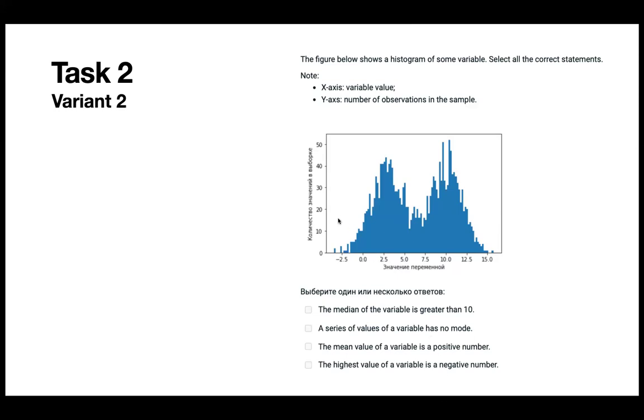So yes, and it's for sure positive. It's somewhere around 20. Then we get: the highest value of a variable is a negative number. We can see that the highest value of a variable is for sure a positive number. It's 15 or something like that, just a little bit more. So yes, we've got only one right statement, and that's the third.